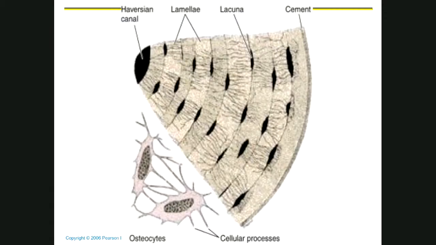And then you see the central canal here, and then here are the layers. Those are the lamellae. Here are the little lacunae with the cells in it, and then here are the little canaliculi, and here's what the cells look like. And there you can see them holding hands through these little canaliculi.